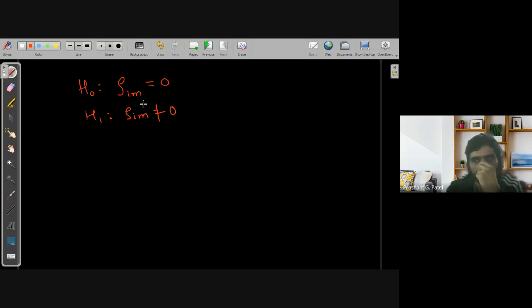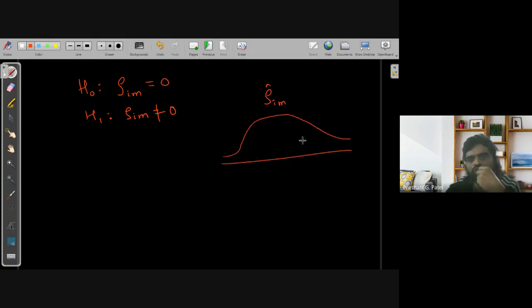Okay. So for large values of m, the distribution of the estimator, denoted by rho im cap, is approximately normal.